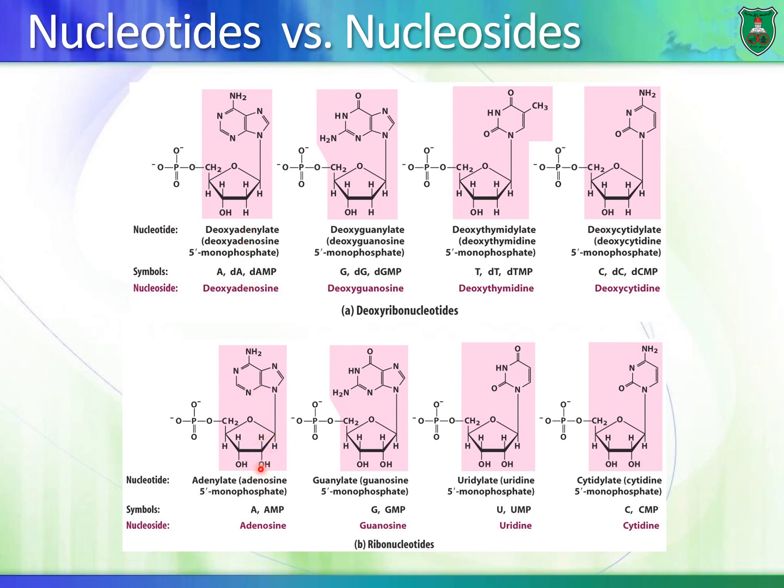The ribose sugar has a hydroxyl group at carbon number 2 of the sugar. So adenylate, or adenosine monophosphate, guanylate, uridylate, and cytidylate. Now, it's not normal to have deoxyuridylate, and it's not normal to have thymidylate.